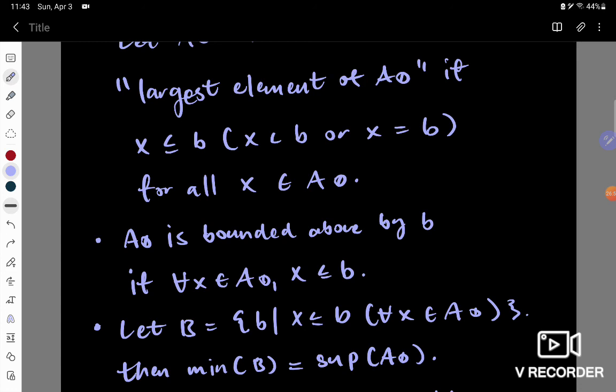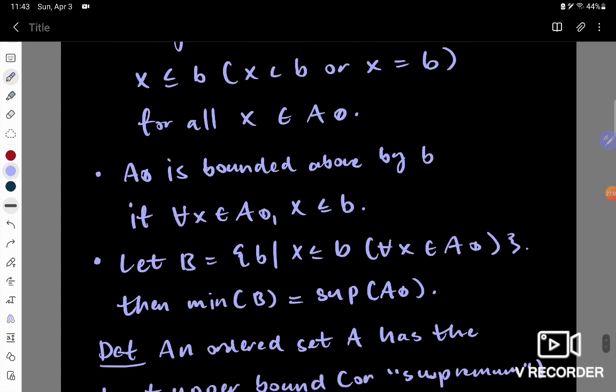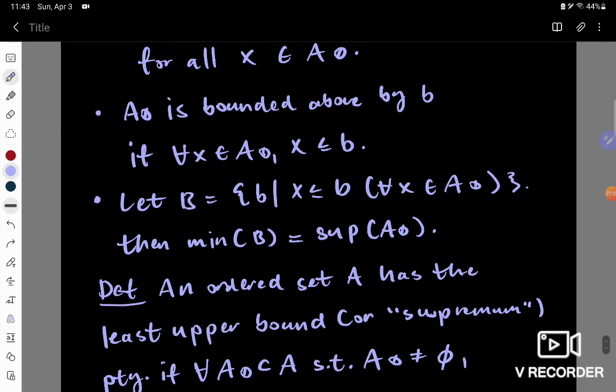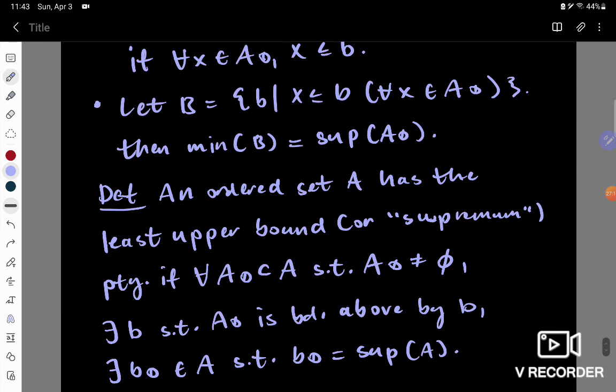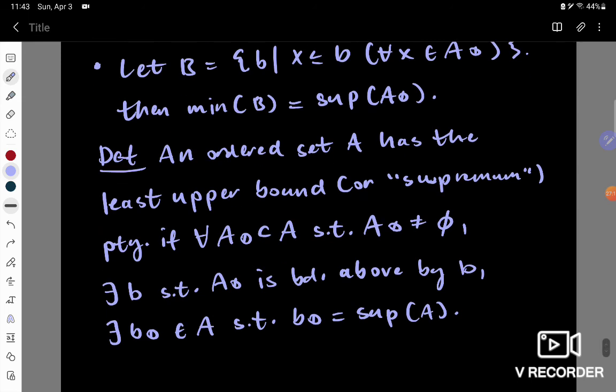And now finally we can give this definition of the least upper bound property that you might have seen from analysis maybe. So an ordered set A has the least upper bound property, or the supremum property, if for all subsets A naught in A, if you're taking any subset, first of all, that it is not empty, and that it is bounded above.